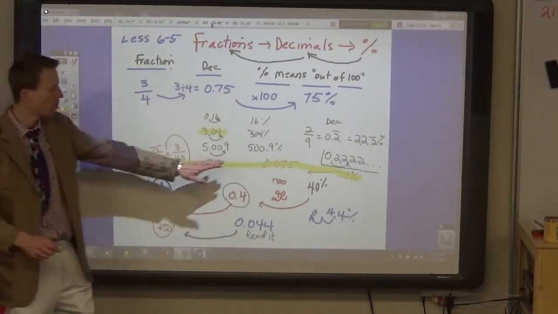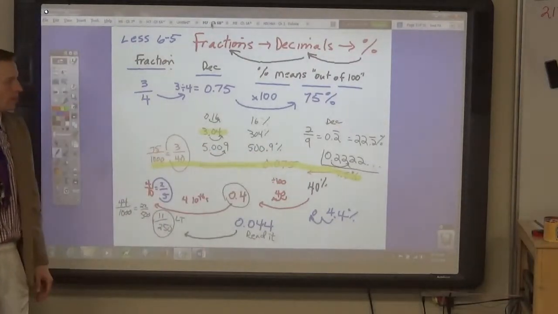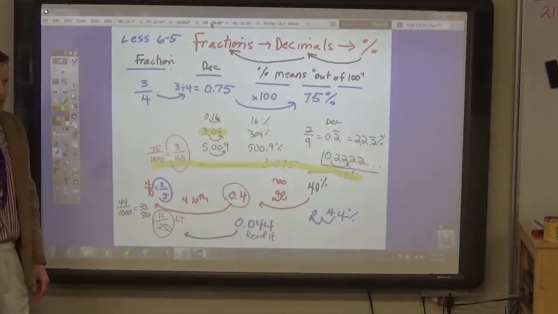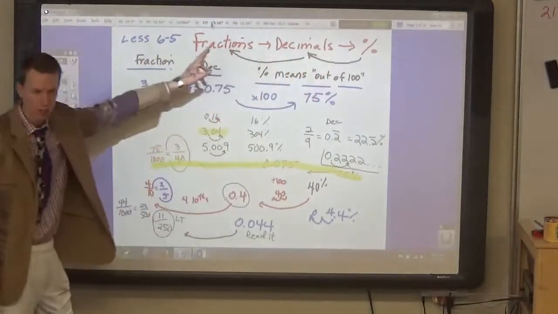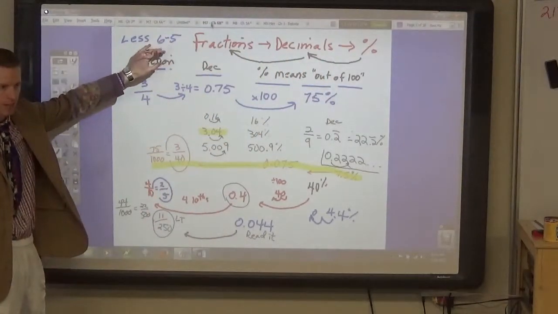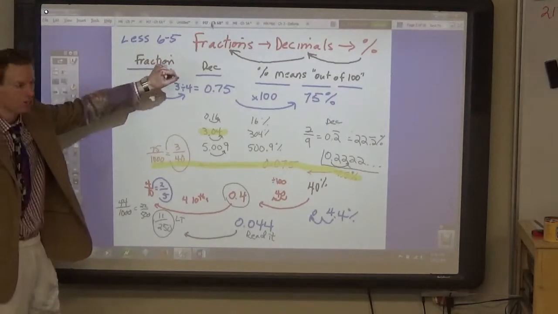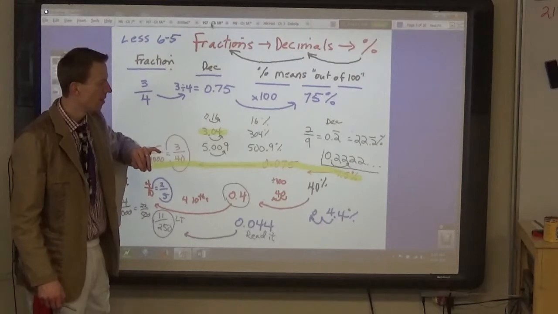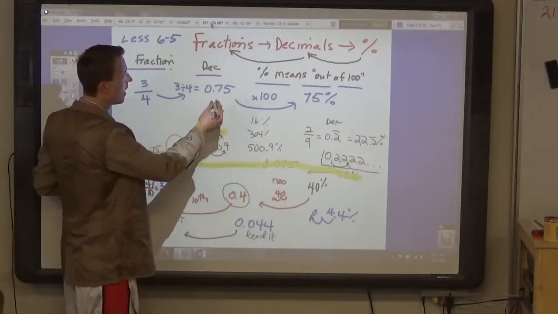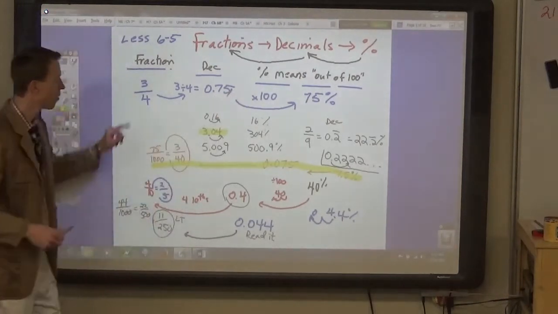What about if we have a percent? If you are given a percent and want to change it to a decimal and then a fraction, you divide it by 100. How do you convert 75 hundredths to 3/4?